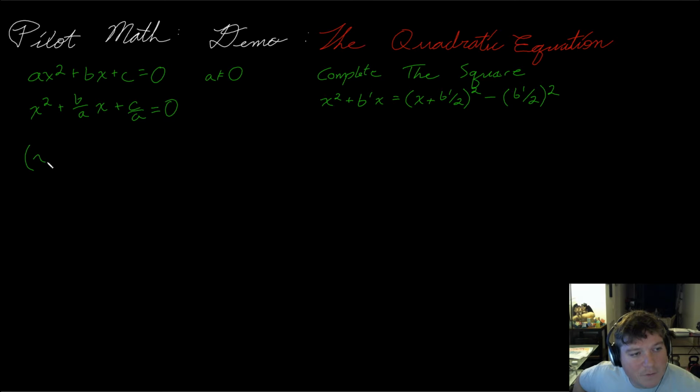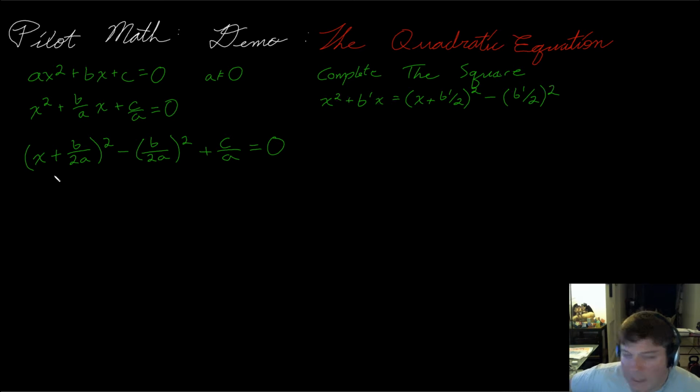So applying the formula, it's x plus b over 2a quantity squared minus b over 2a quantity squared plus c over a is equal to 0.